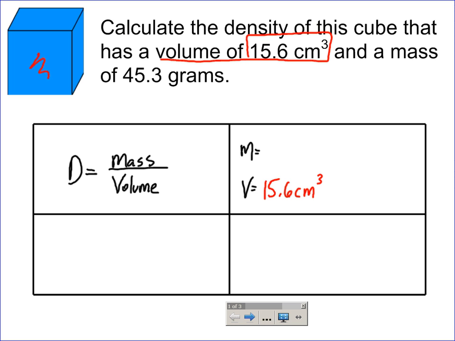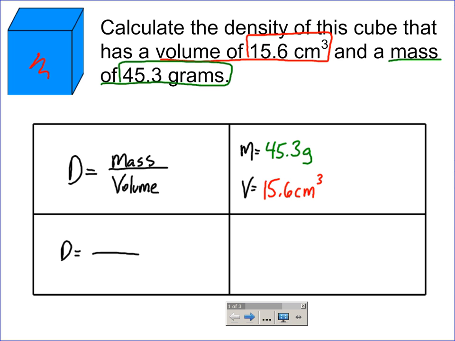The mass is also easy to pull out because it says, and a mass of 45.3 grams, which makes our mass 45.3 grams.